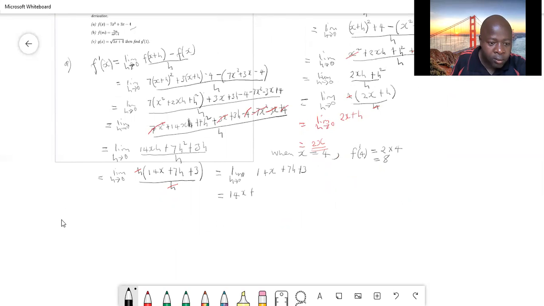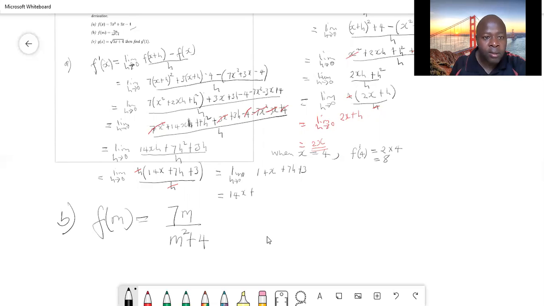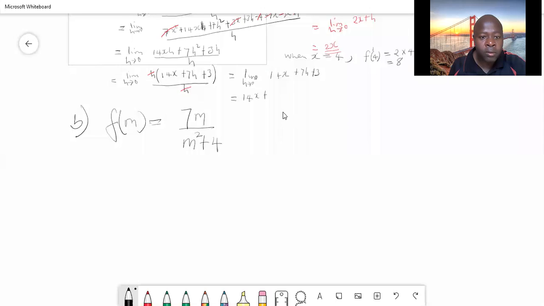we are asked to find the derivative of f of m, which equals 7m over m squared plus 4. And again, we are using the definition of derivative, so it will be easy for us because we already know what to do.